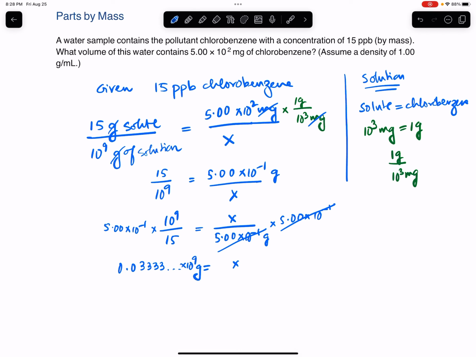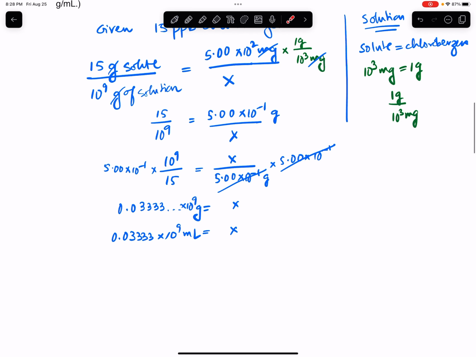Once we have that, the next job is to convert grams to milliliters, because we're trying to solve for the volume of this water. You have to use the density of water, which says that the density is 1 gram per ml. So you can directly say that x is equal to 0.03333 times 10 to the power 9 milliliters. Next we want to convert the milliliters into liters.